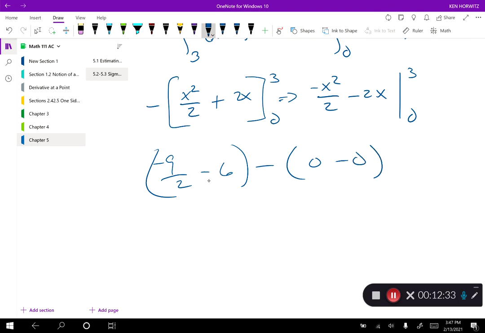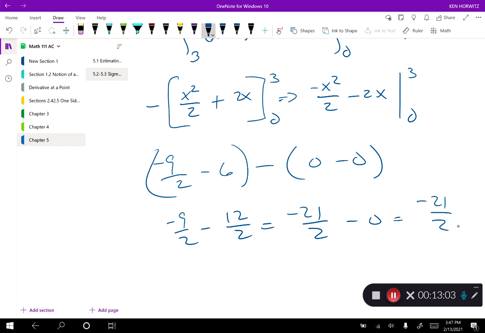So negative 9/2 minus 6, negative 9/2 minus 12/2, which equals negative 21 over 2. So our final answer, negative 21 over 2. And all that means is, yes, our area is negative, and that's not a problem. It just indicates that the majority of our area is under the x-axis on this interval.